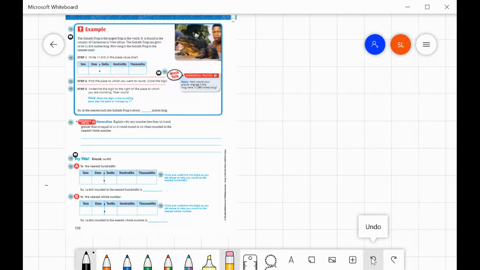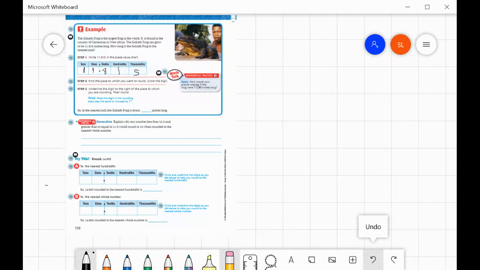So we are going to start out by placing our number into the place value chart to help us this first time around. So we have 11, and then 8, 1, 5. All right. Now, the place value that we want to round to is the inches.